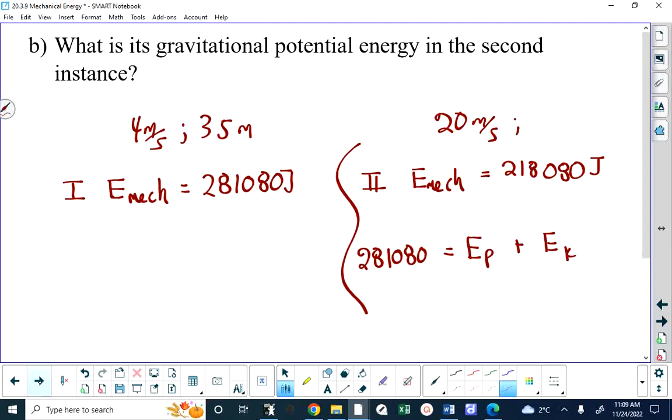Let's calculate the kinetic energy here. It's 1/2 times the mass, which is 800, times the speed squared. The kinetic energy in the second instance is a simple calculation. We should have no problems with that.